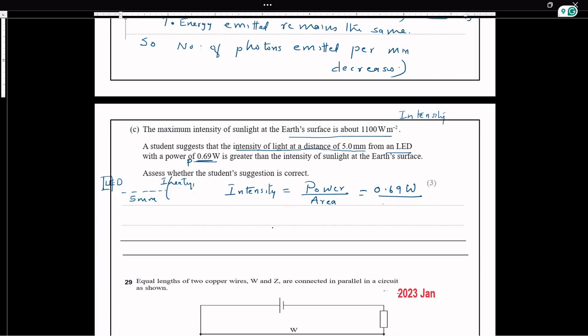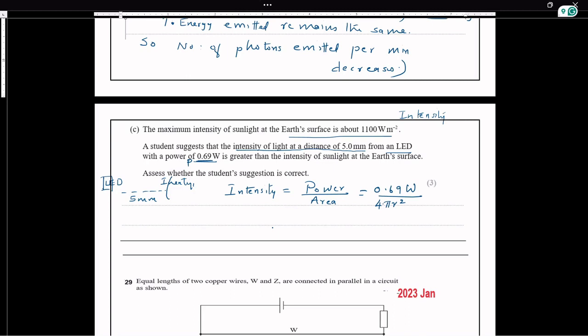Area is, the distance 5 millimeter. So the area we will calculate with the equation 4 pi r square, surface area 4 pi r square.